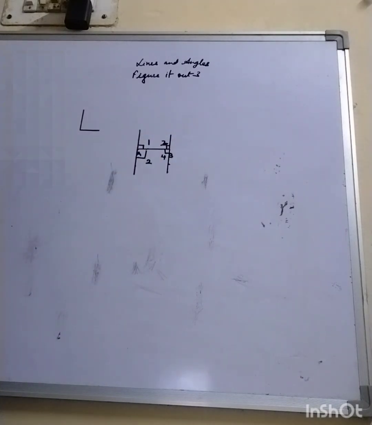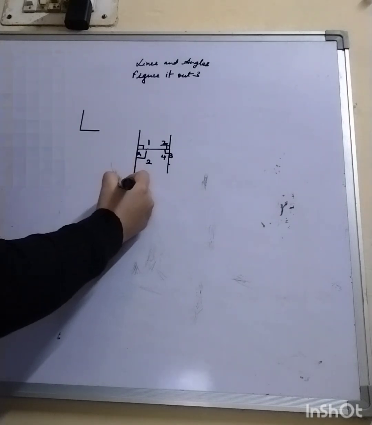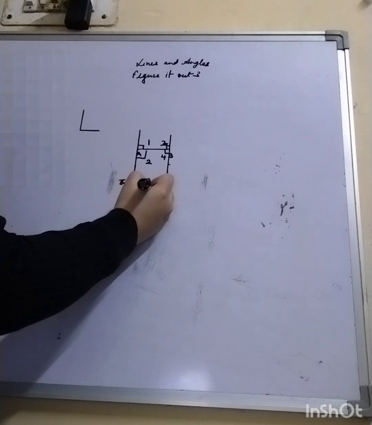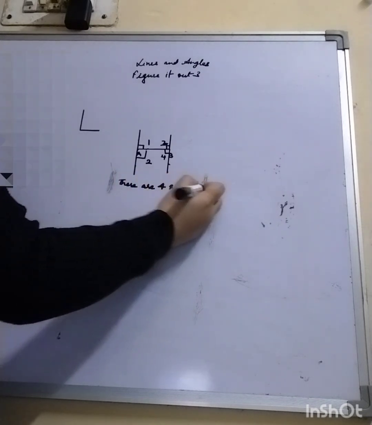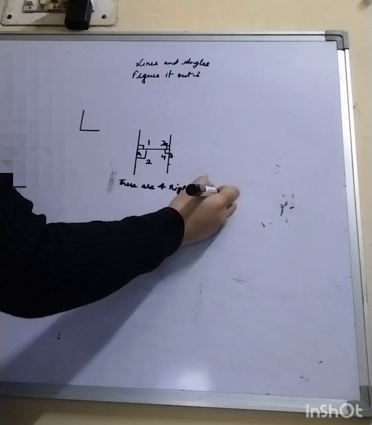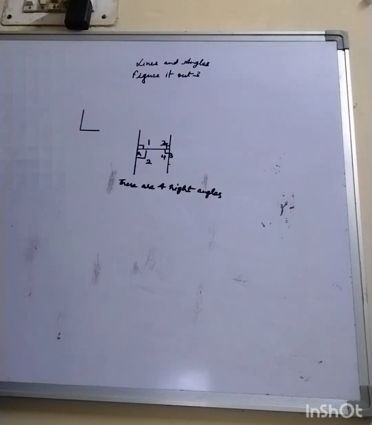So by joining all these points, we get a total of 4 right angles.